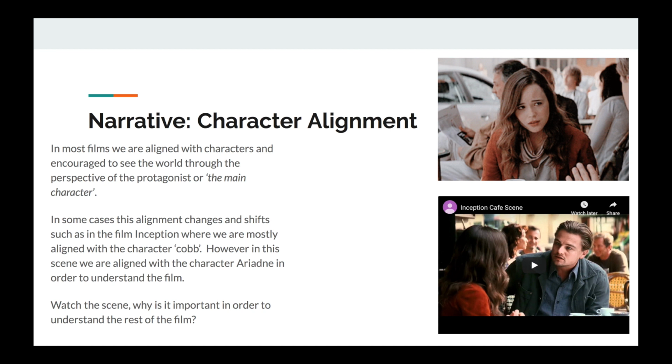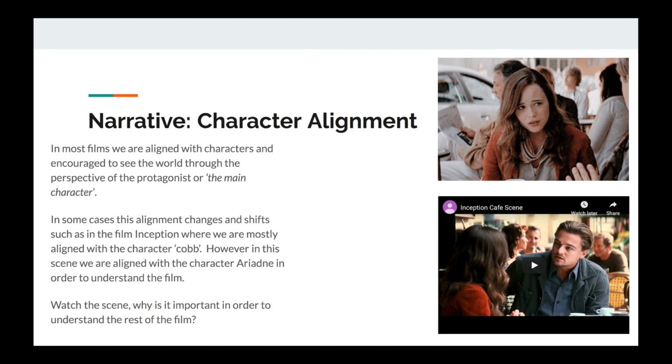So in this scene, what Nolan does is he uses this conversation to tell the audience what the film is about, how to understand the film, how to read the film, how to place the film, and what the audience have already seen within a context. And in turn, that also helps the audience understand the rest of the film.